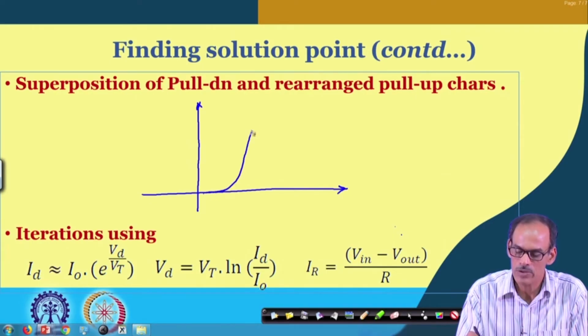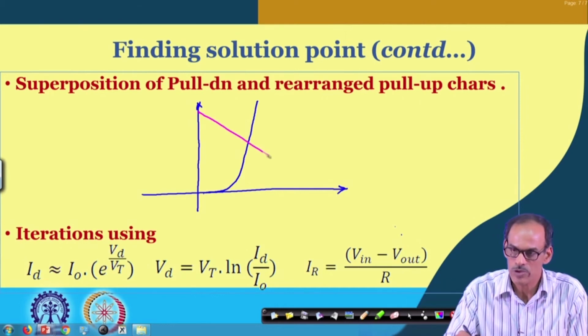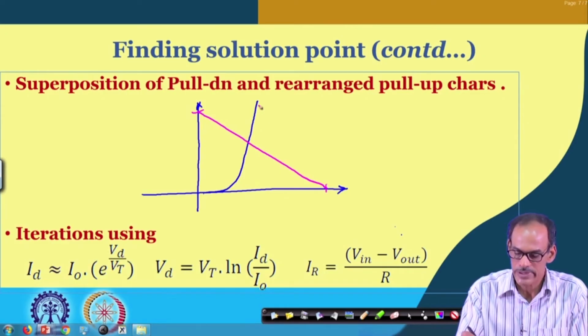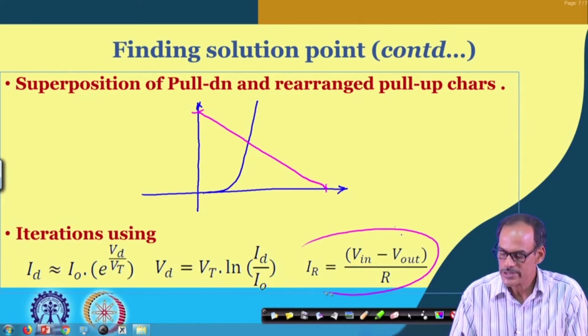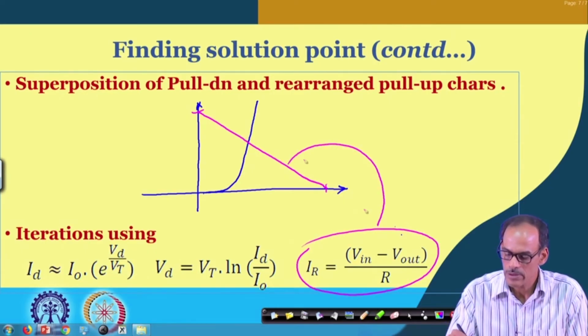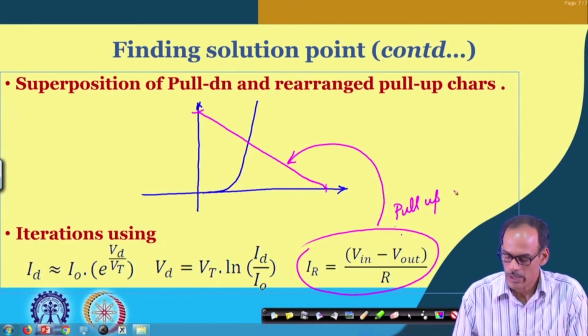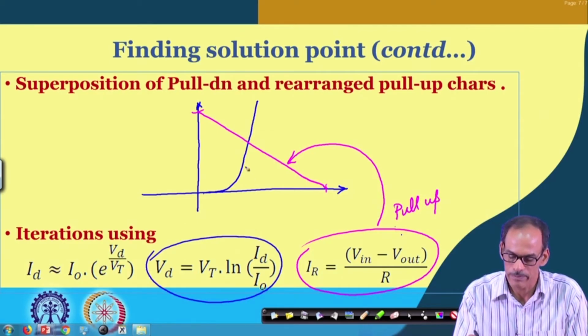It is a kind of repetition of what we just said. This characteristic curve is the diode characteristic curve. This is the rearranged pull up characteristic curve, and the other one is the diode characteristic curve, or you can say the pull down characteristic curve.